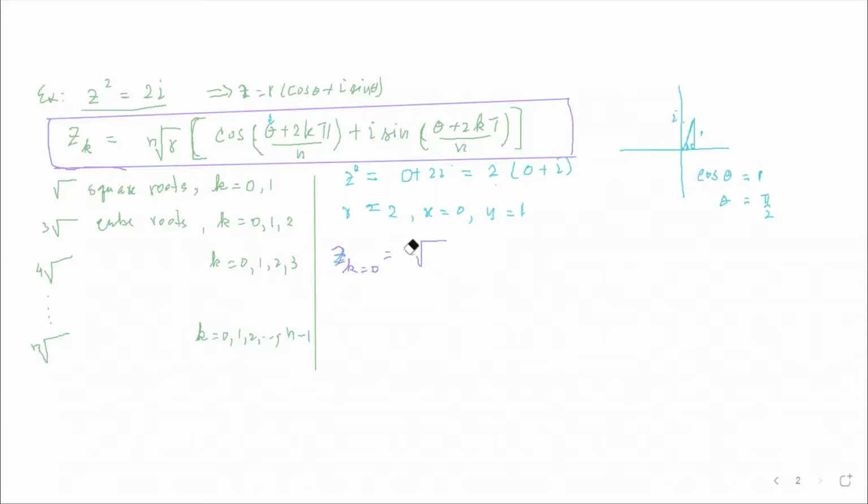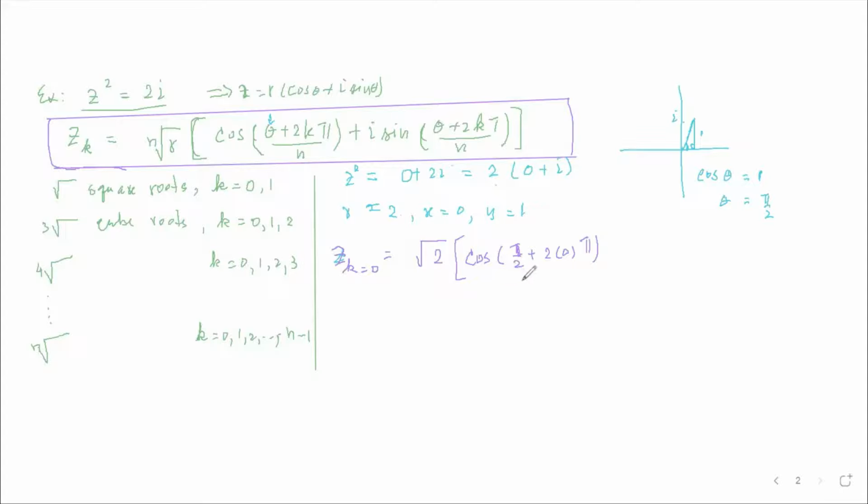Usually we don't write the number 2 on the square root here. So r equal to 2, correct? r equal to 2. And then the formula: cosine. Then theta is pi over 2, and plus 2 plus k is 0, and then times pi.